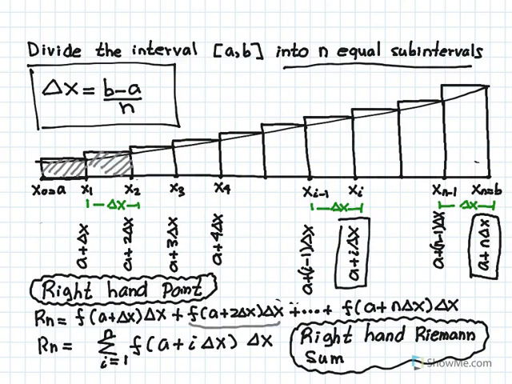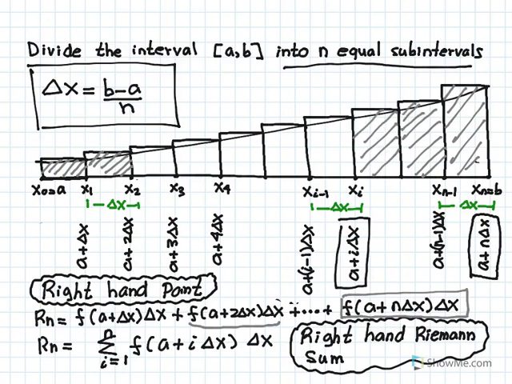We add up these rectangles, and the area of the very last rectangle is f of (a plus n delta x) times delta x. This expression represents the area of the last rectangle. And so we're basically adding up these rectangles. This represents the right-hand Riemann sum with n rectangles.